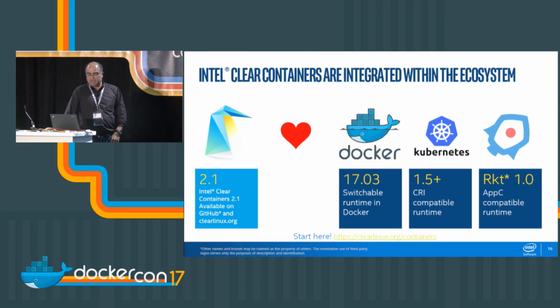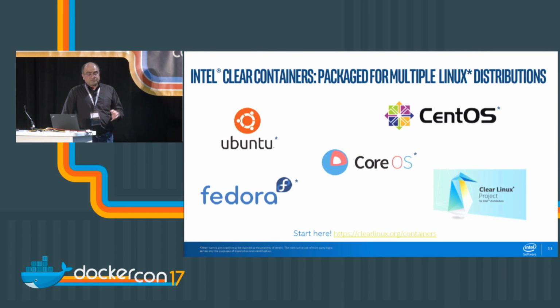So in terms of how Clear Containers integrates with the ecosystem, we support Docker starting at version 1.12 all the way to the latest one. We do support Kubernetes 1.5 onwards. We also support CoreOS's Rocket implementation. So we want to plug into any and all container orchestration frameworks.